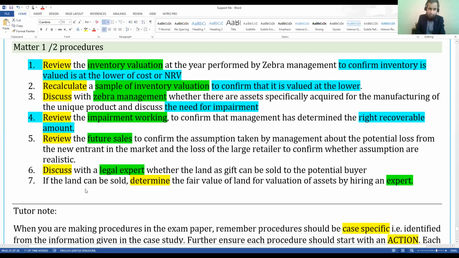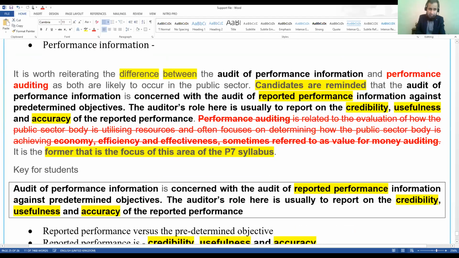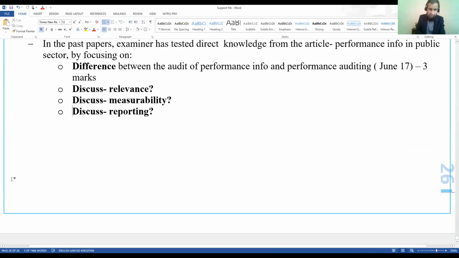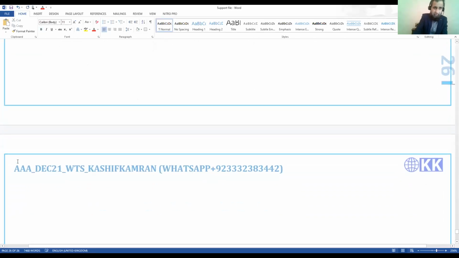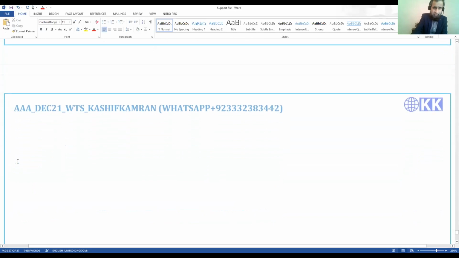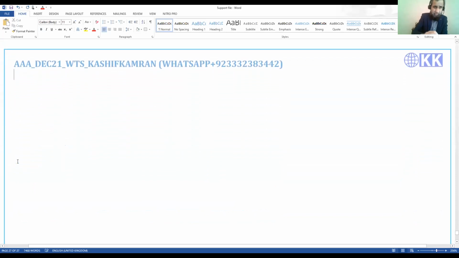Okay, let's start with performance information. Let's start with this question here, which is December 14. Yes, Shahrukh, why are we discussing December 14 paper when I instructed you to practice September 18 onwards?